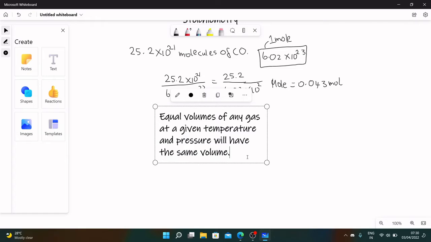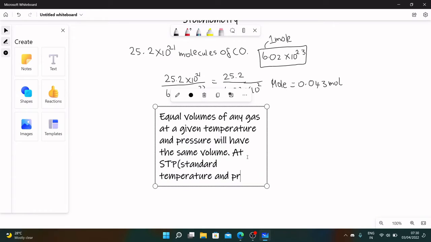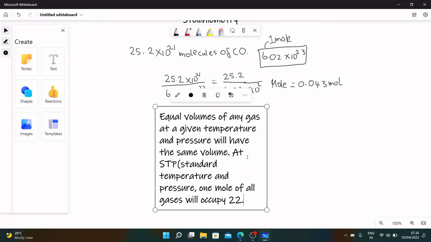And there is a continuation to this: at STP, that is standard temperature and pressure, one mole of all gases will occupy 22.7 dm³.